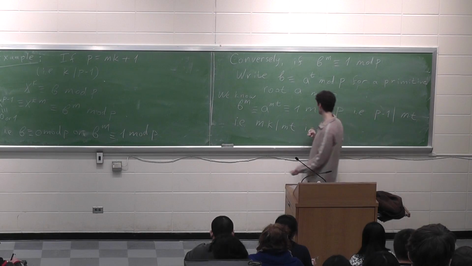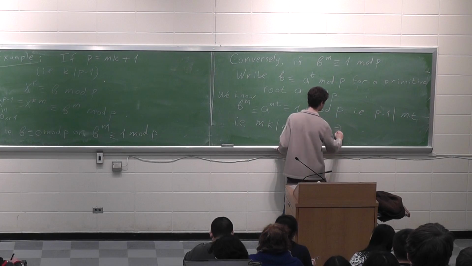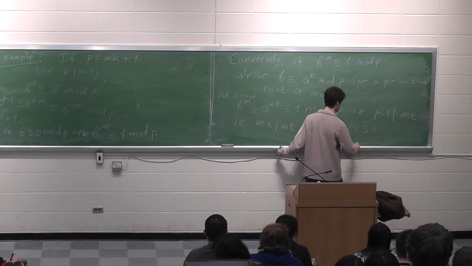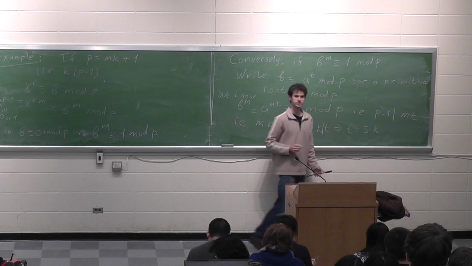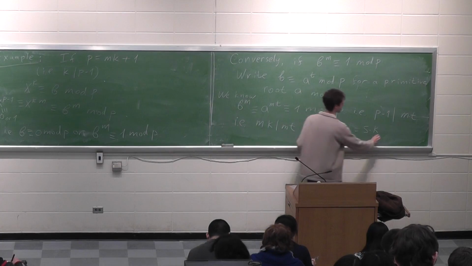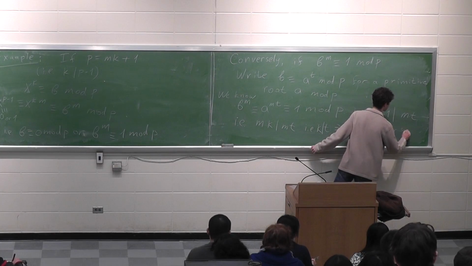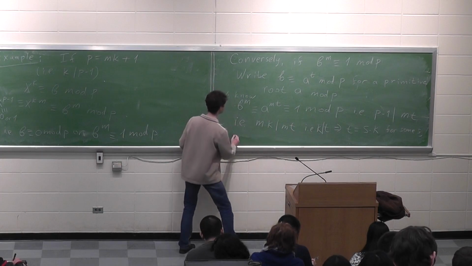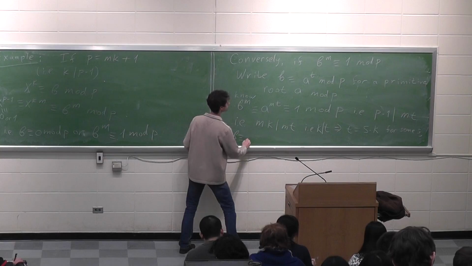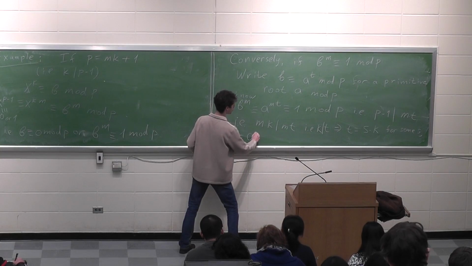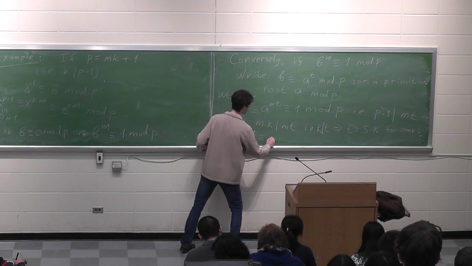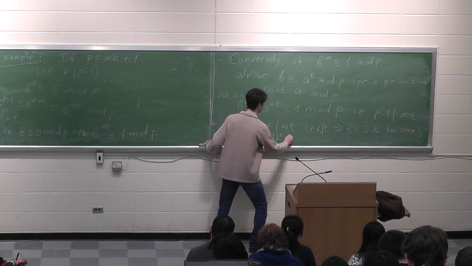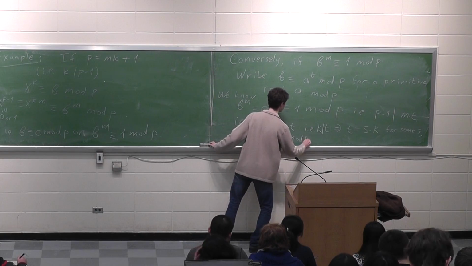But that means, well, since t is s times k, for some s, this means that b is a to the power t, which is a to the power s to the power of k modulo p.